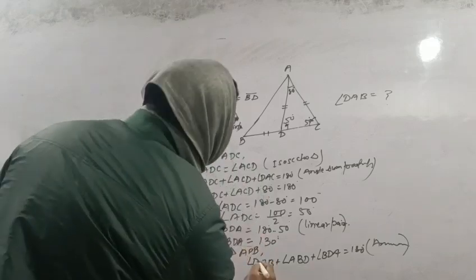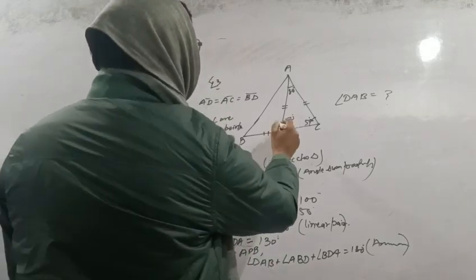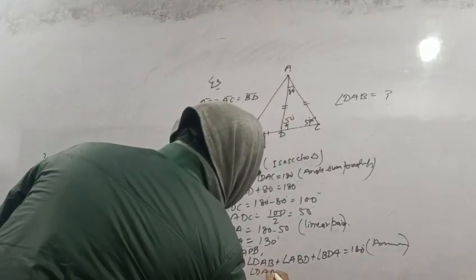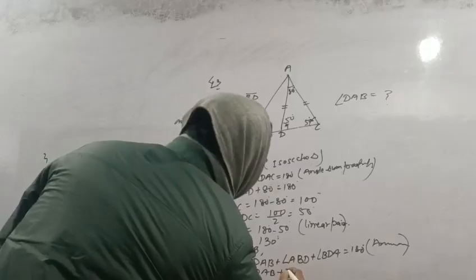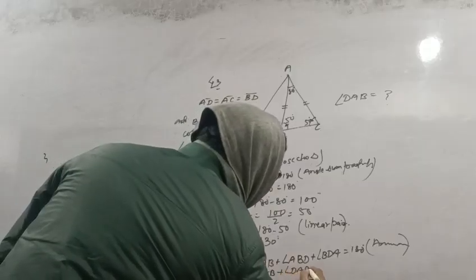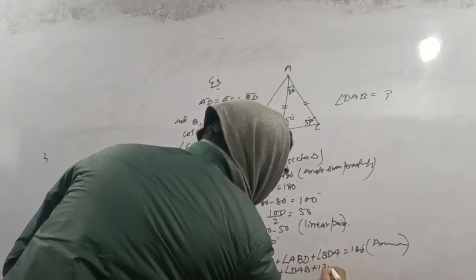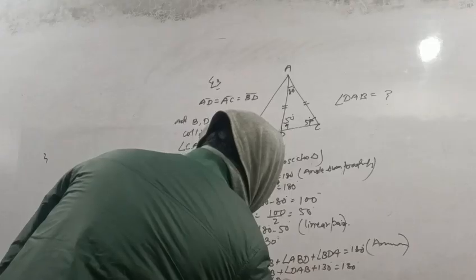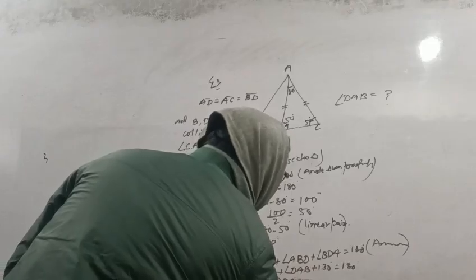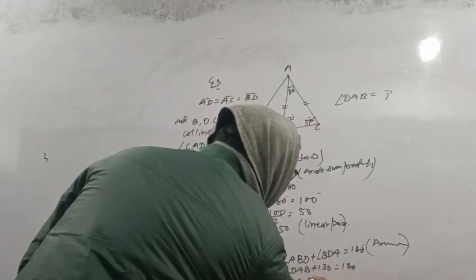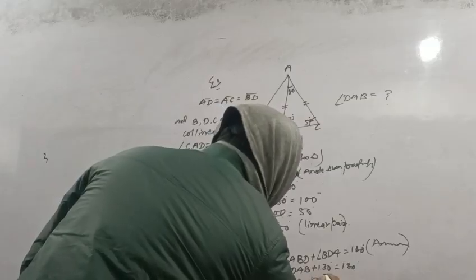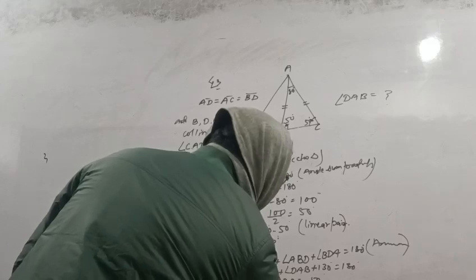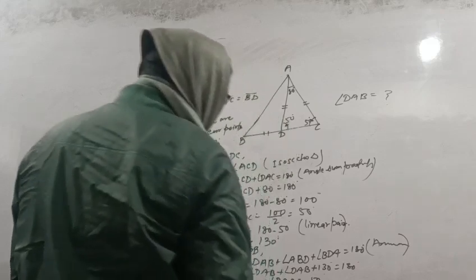So angle DAB plus angle ABD, that is 2 angle DAB plus 130, is equal to 180 degrees. So 2 angle DAB is equal to 180 minus 130, that is 50 degrees. So angle DAB is equal to 25 degrees.